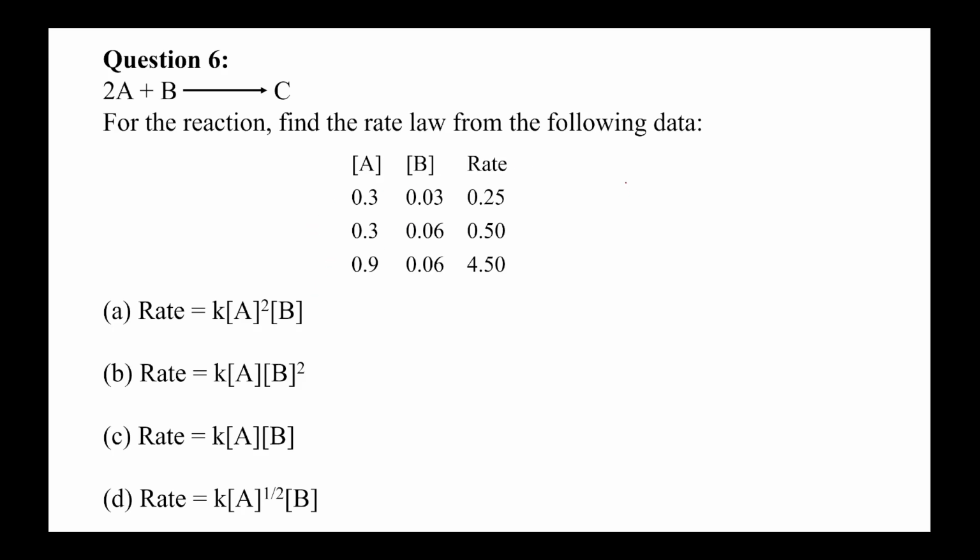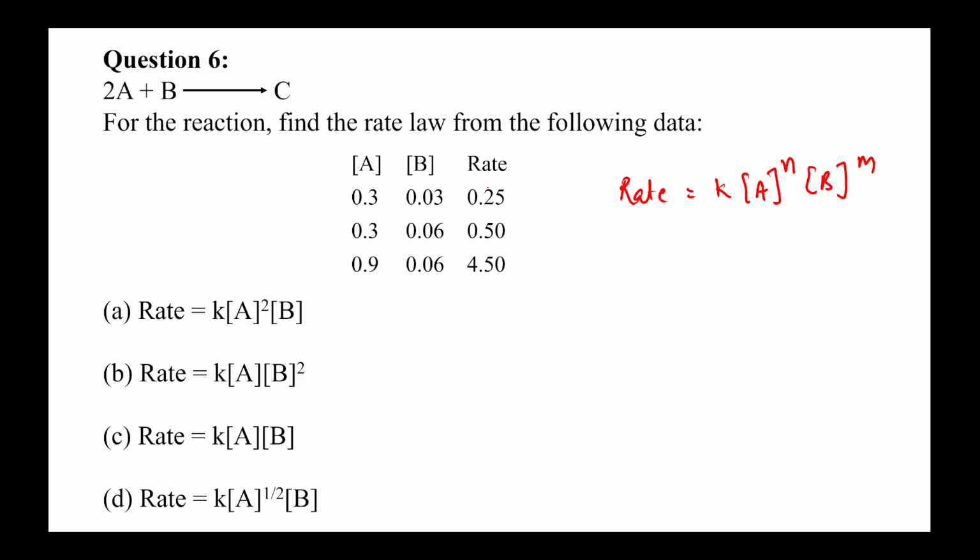So remember, I told you that the rate of any equation is defined as K multiplied by the concentration of the reactants raised to the power of the order. Okay. So here we have two reactants and the order of the reaction will be N plus M. Okay. So this would be the generalized reaction rate. Okay.